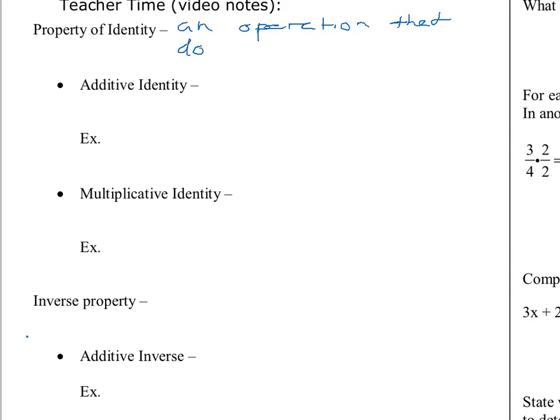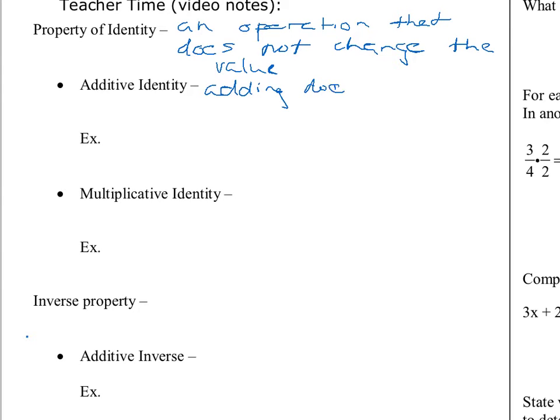What about the additive identity? Purvi? Perfect. Adding 0 does not change the value. Somebody give me an example.